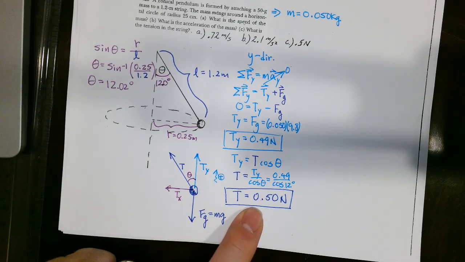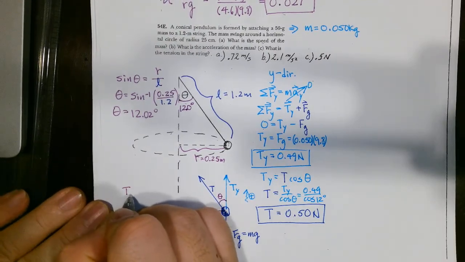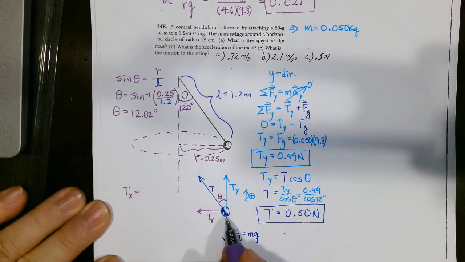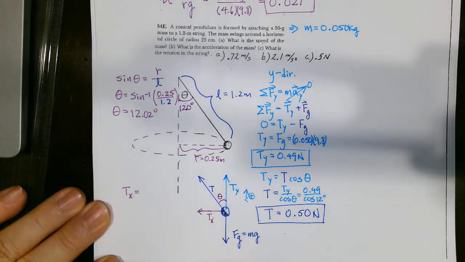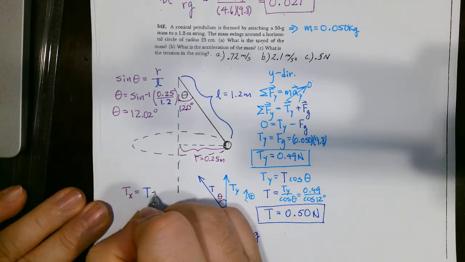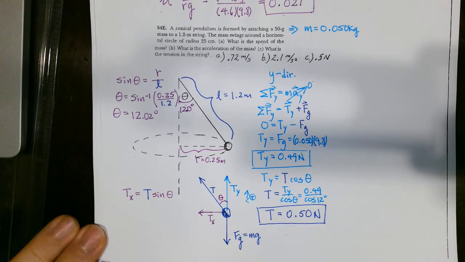Well, now that we know that, we can calculate what Tx is. Tx is nothing more than just the opposite of my angle theta, so it's T times sine of theta. Okay?